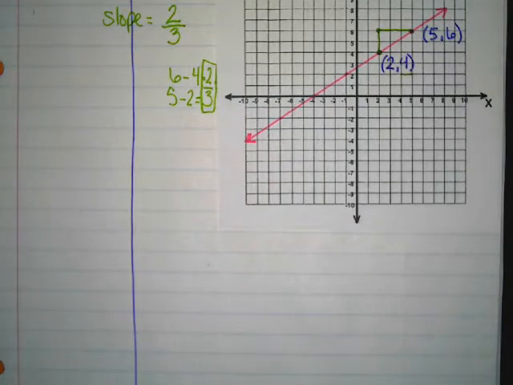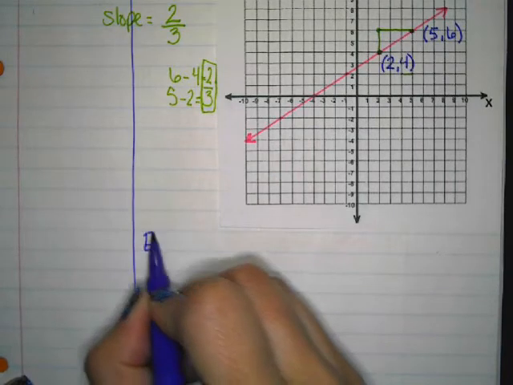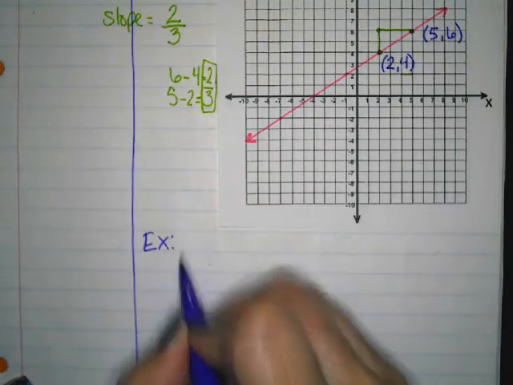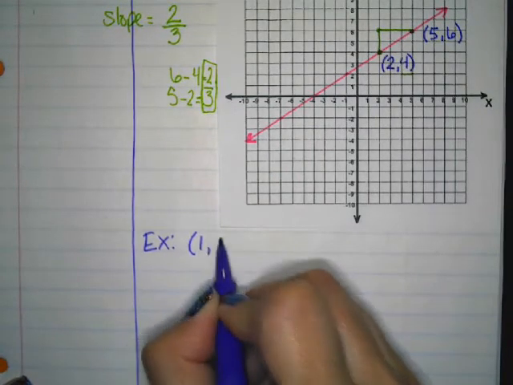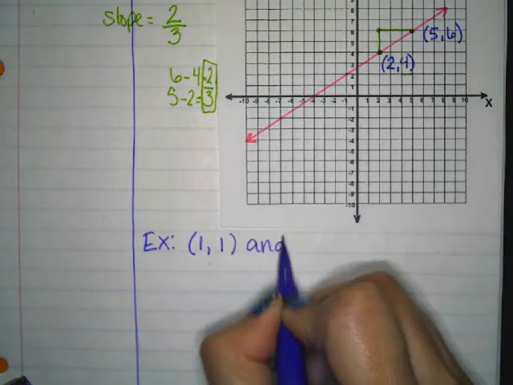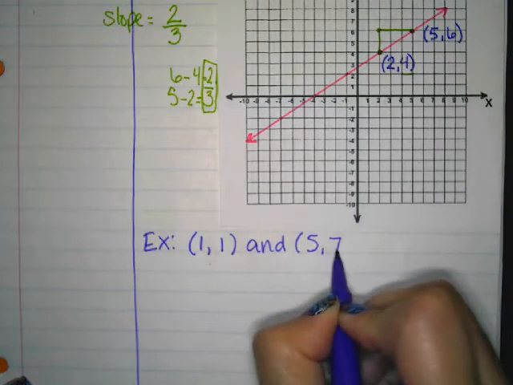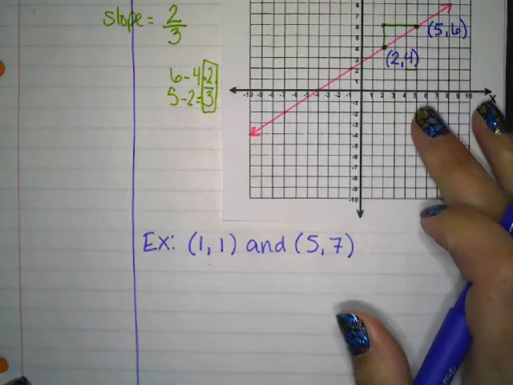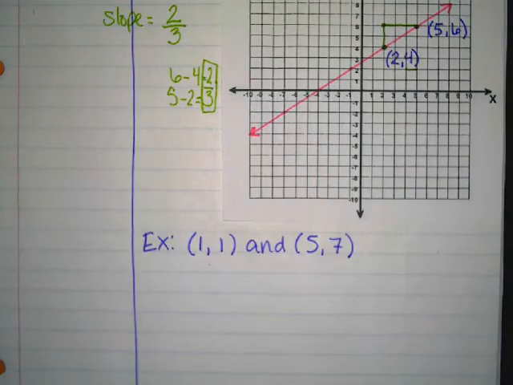Our first example, we have the point 1, 1 and the point 5, 7. And these are on the same line. We want to know the slope for the line that these 2 points are on. So the first thing we need to do is identify what is our x1 and y1 and our x2 and y2.